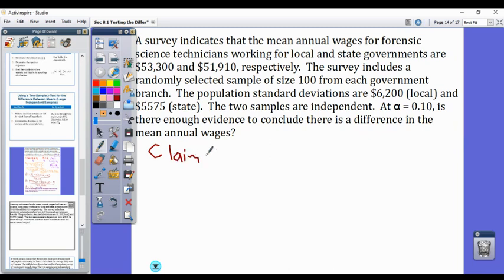Our claim in this case is that there is a difference. So that means that mean 1 is not equal to mean 2. And the complement to that statement would be that they are equal. So we identify the claim is our alternative, and this is our null.